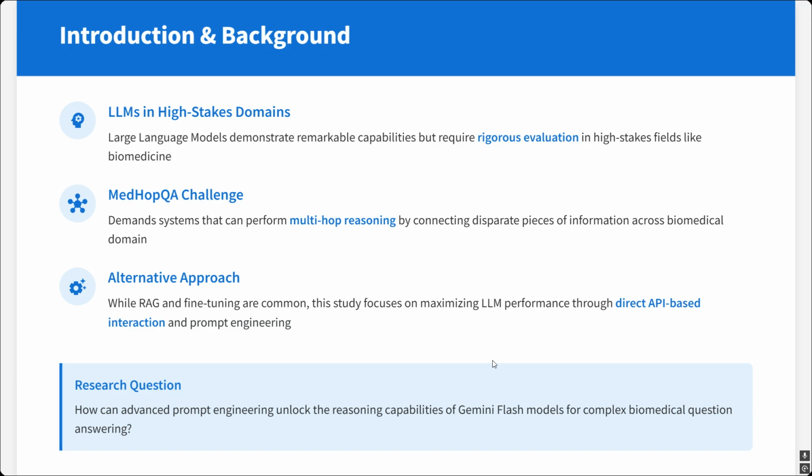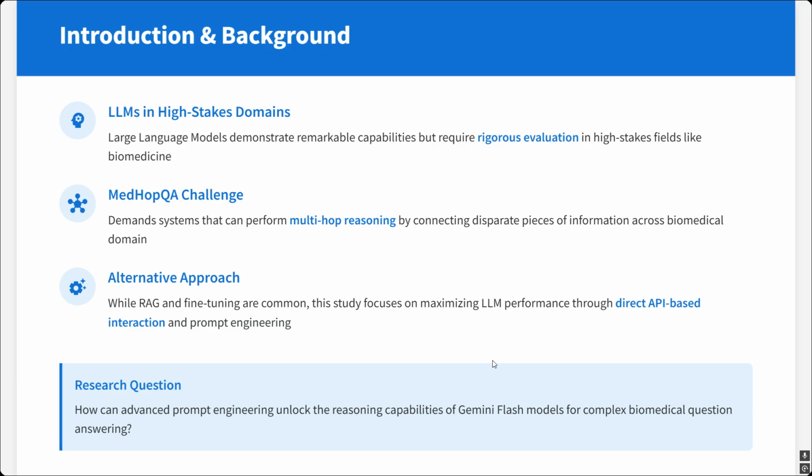The task here in the MedHopQA challenge is to develop an AI system that is capable of solving multi-hop reasoning questions in the biomedical domain. Unlike very simple and direct questions, those kinds of questions can be difficult for an AI system to answer.